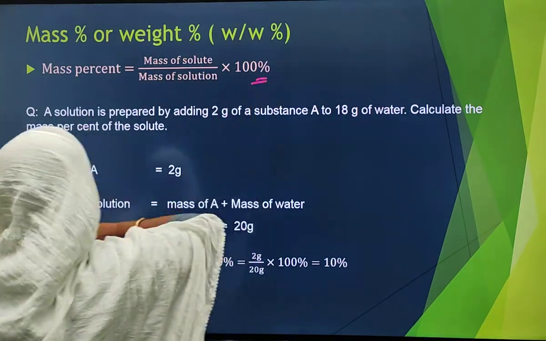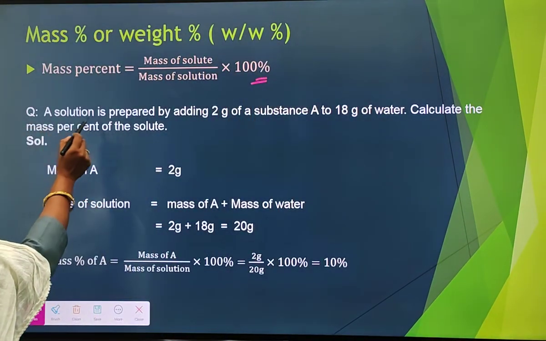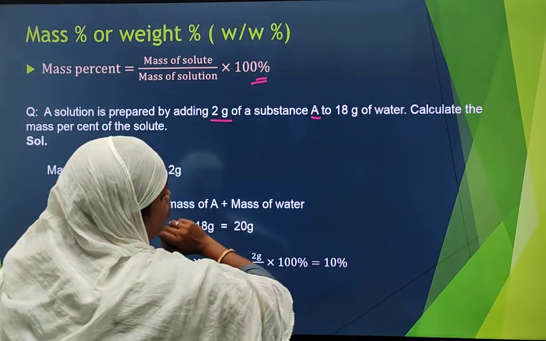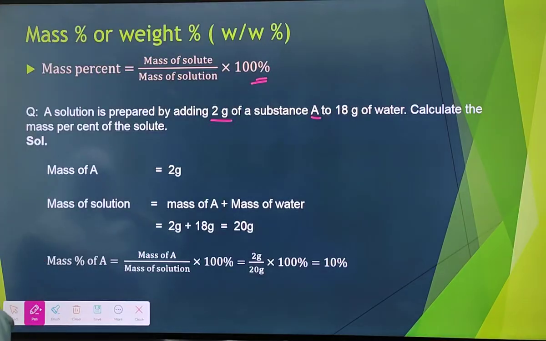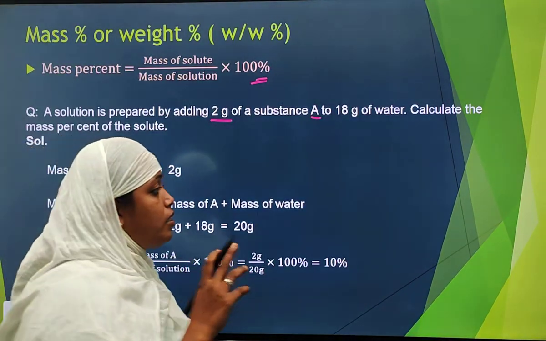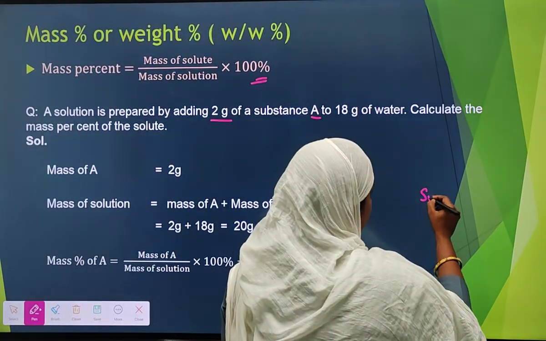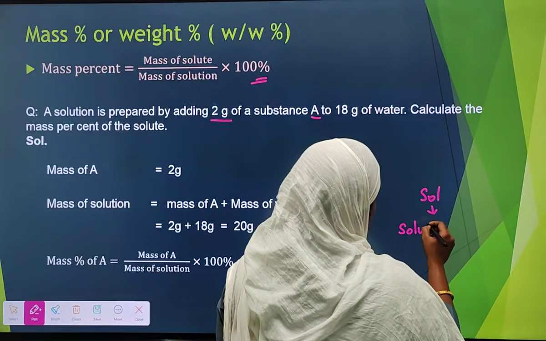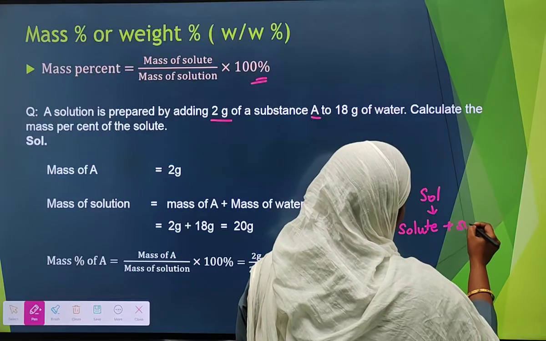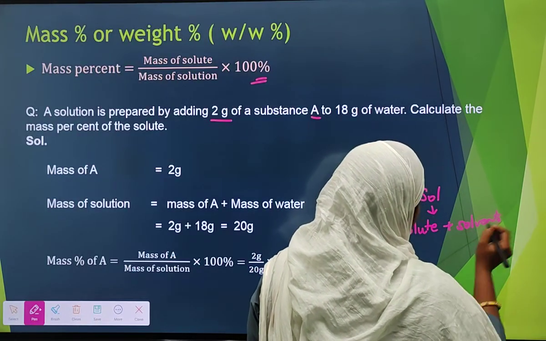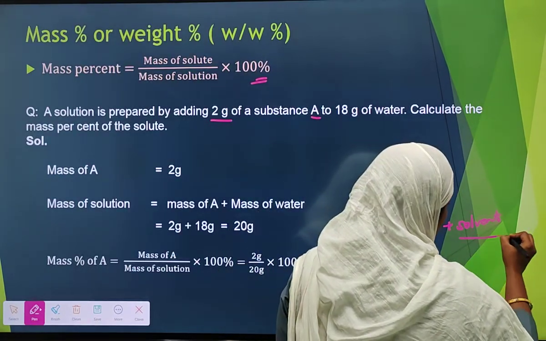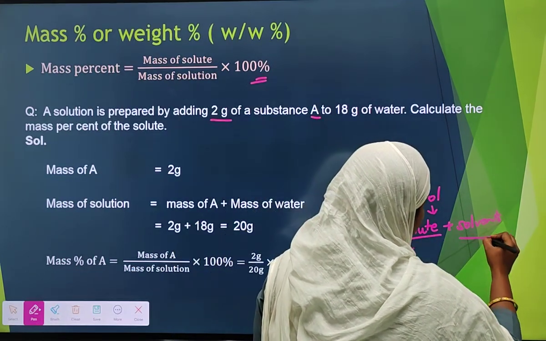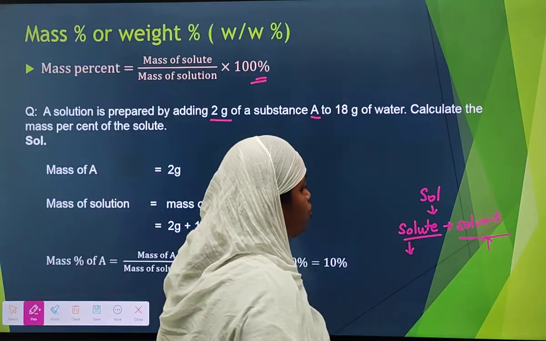So, first question is, a solution is prepared by adding 2 grams of a substance A to 18 grams of water. Calculate the mass percent of the solute. Now, in the first slide, I had told you that a solution is formed by solute plus solvent, and what is present in the larger amount is the solvent, and less amount is solute.